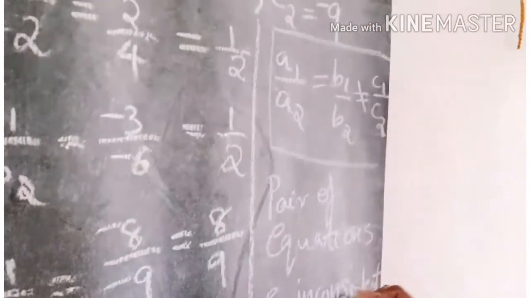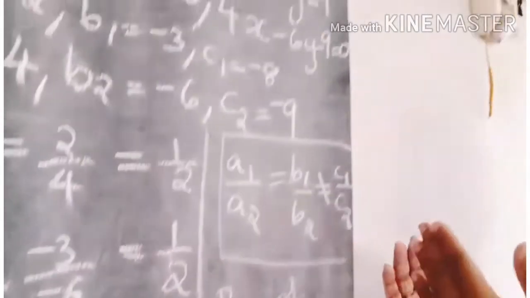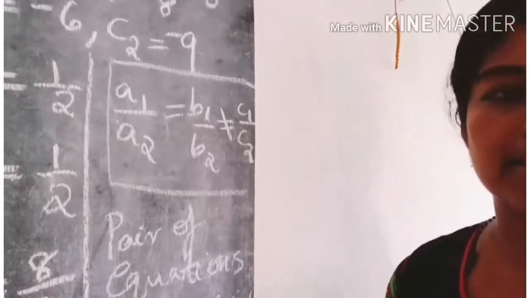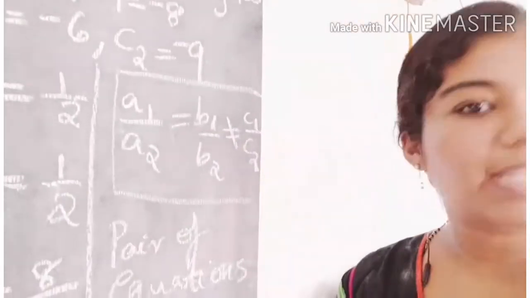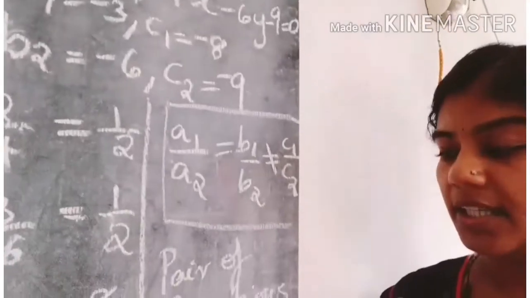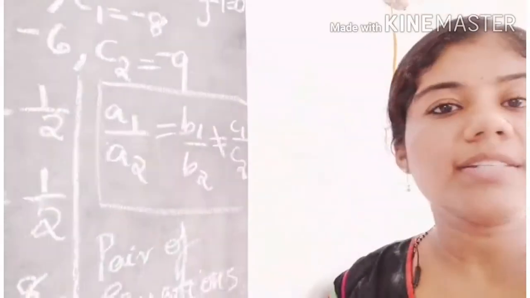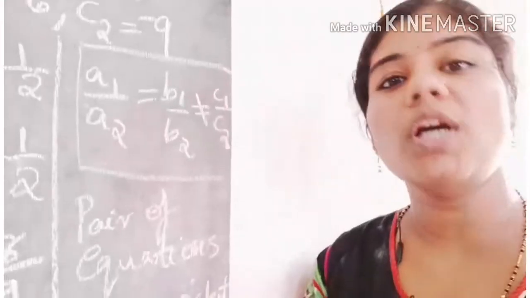The case is different, so depending on that, we got parallel lines, no solution, and the pair of equations is inconsistent. So we discussed two questions. The first one was consistent. Here it is inconsistent. Similarly, we can do the next second, third, fourth, fifth options also.